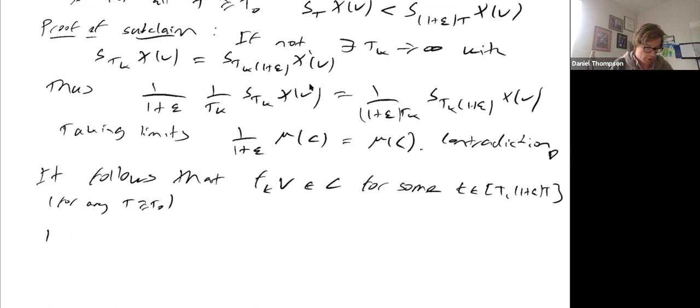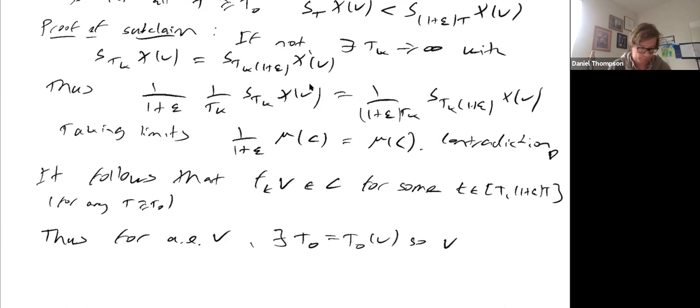So what's that shown? It's shown that for almost every V, there exists a t0, depending on V, so that V belongs to this set B_epsilon, t greater than or equal to t0.